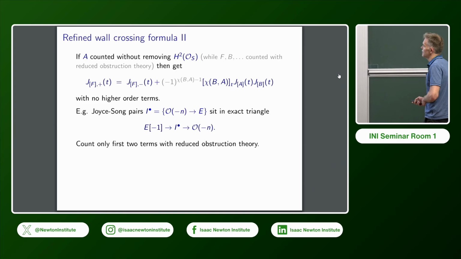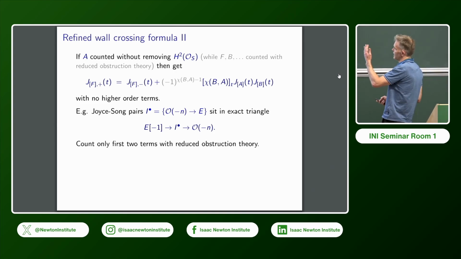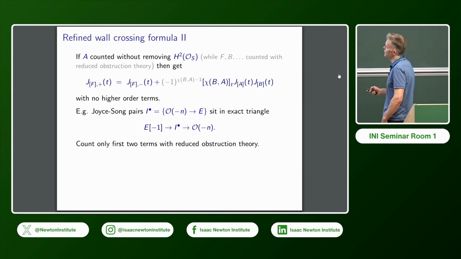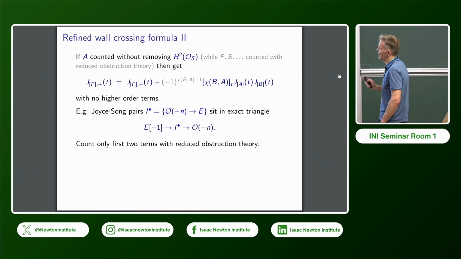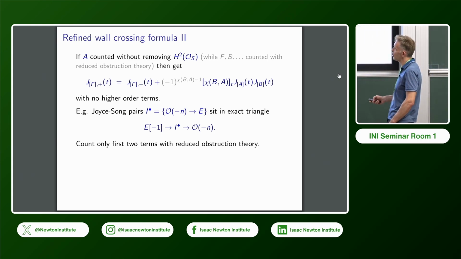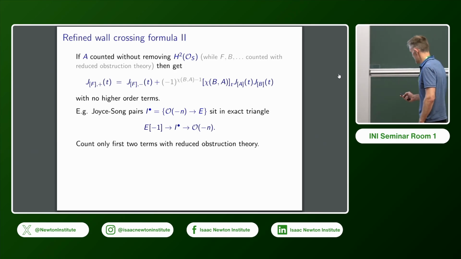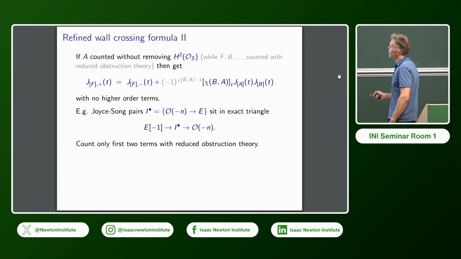Okay, so the example is when I'm computing stable pairs or Joyce-Song pairs, I'm computing with this complex. And this complex is not compactly supported anymore. It's supported over the whole threefold. Okay? What happens is when we compute with this complex, we do remove that H2OS term from the obstruction theory of our compactly supported sheaf and from the complex.